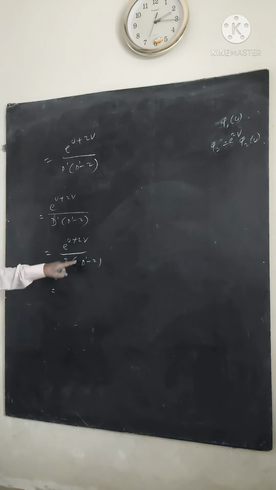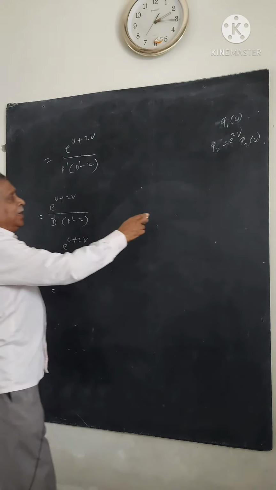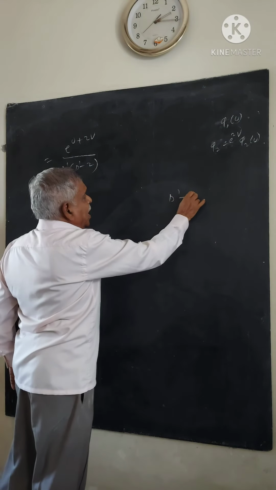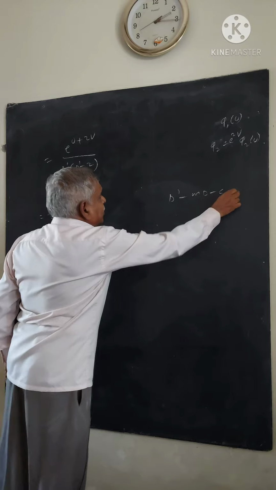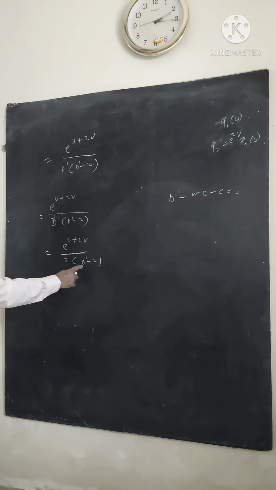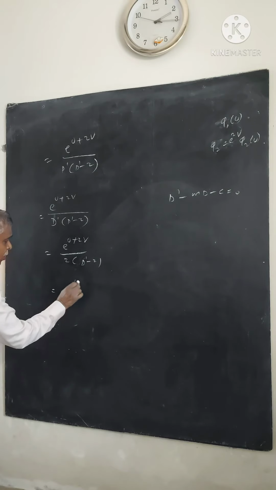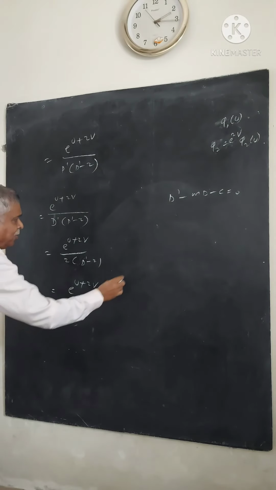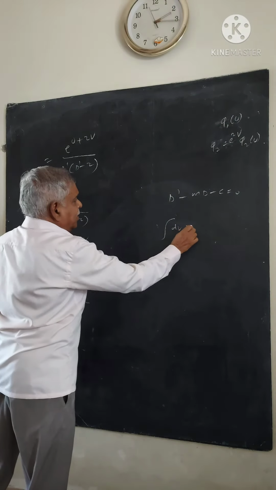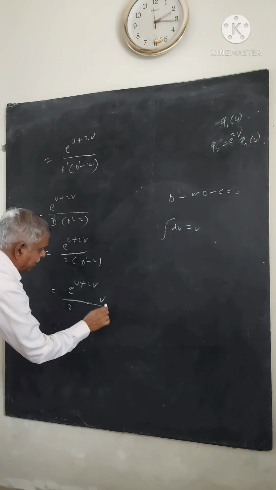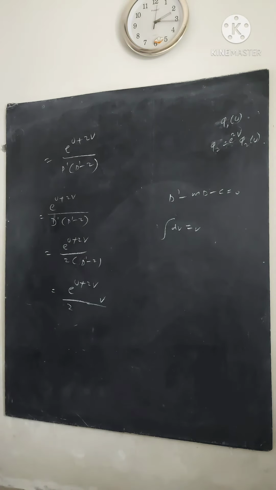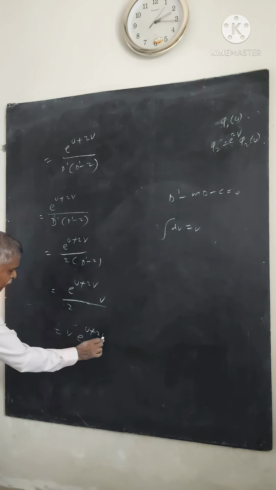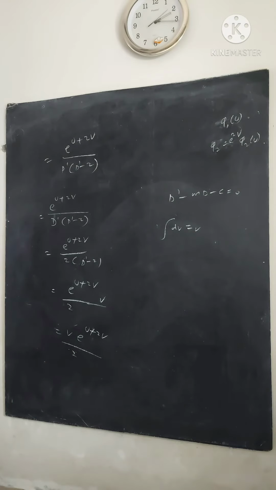We have c in the sum as reverse order, d dash first. If you remove this factor, we have to integrate with respect to v only. So u plus 2v by 2, when removed, integrate dv, which is v. Therefore, v e power u plus 2v divided by 2.